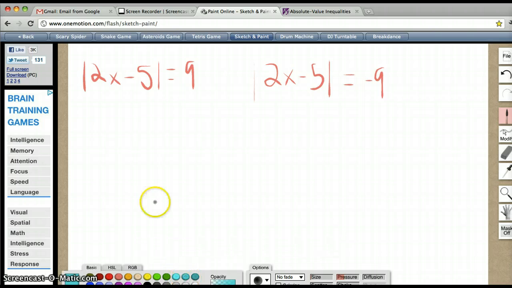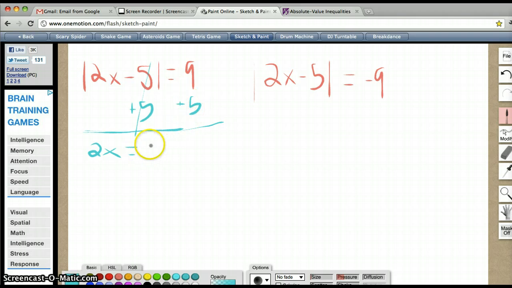Let's go ahead and switch colors. Now what you're going to do is solve for x. So we're going to add 5 to both sides. Go ahead and cross these out. And you've got 2x equals 9 plus 5 is 14.